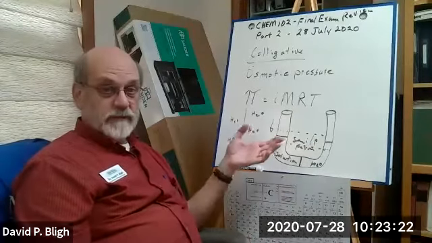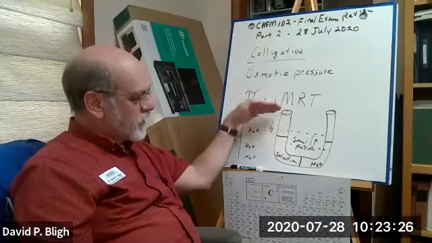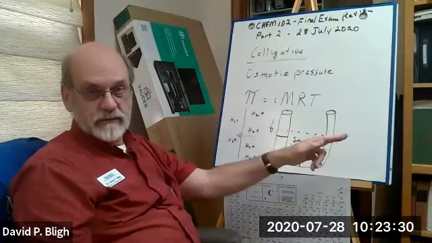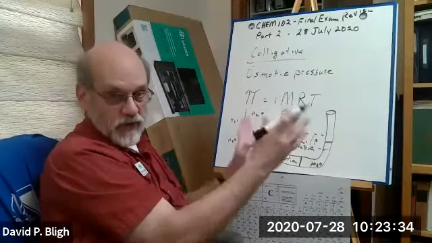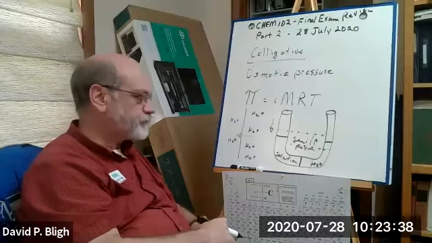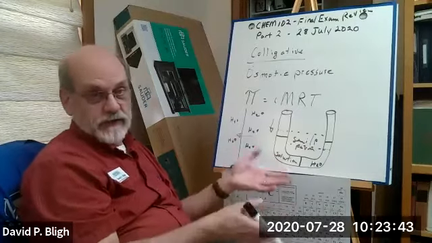And it develops because you reach a certain point where the pressure here is sufficiently great to drive water back through at the same rate as it's coming this way. So that's where your equilibrium is, water movement across the membrane. Okay, that's osmosis.